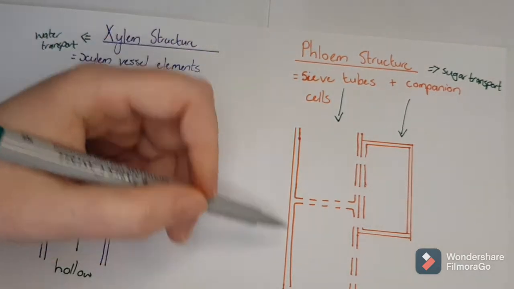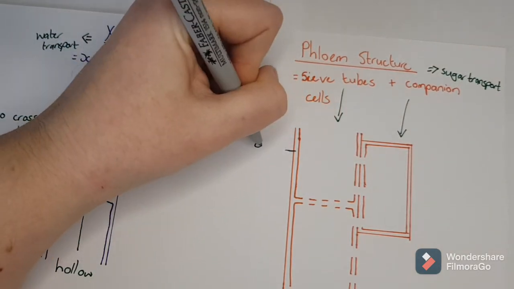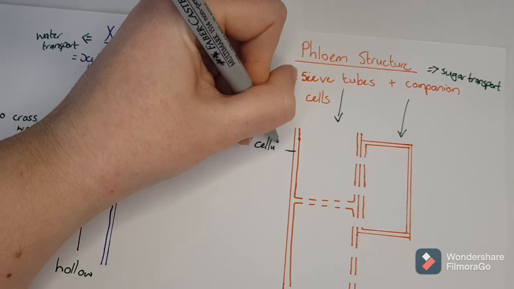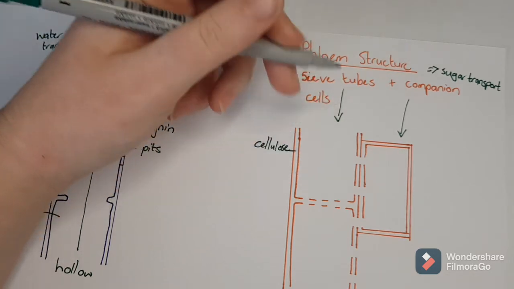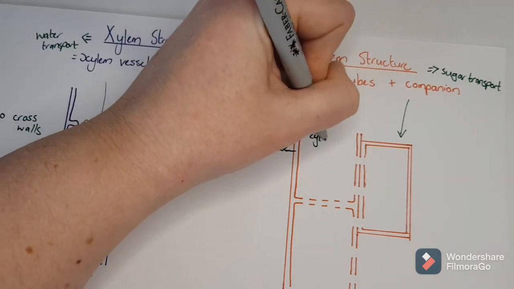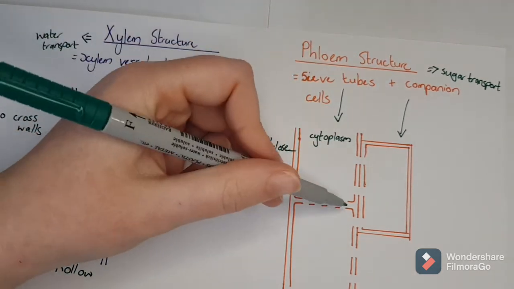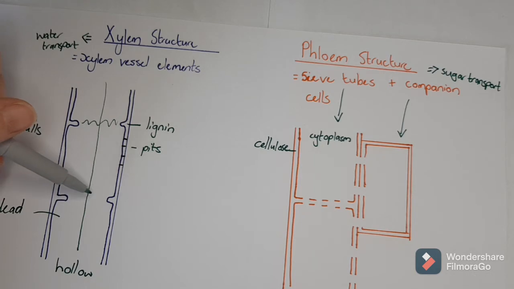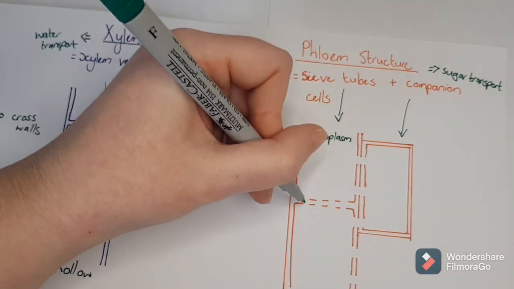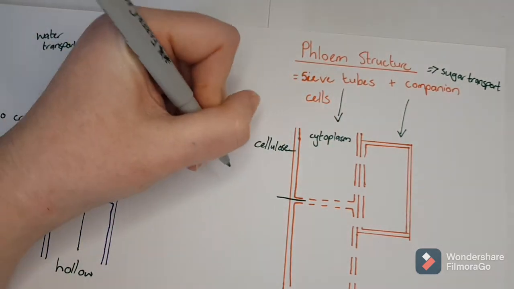So now these walls are made of cellulose, just like a normal cell. So these are living. So there is cytoplasm inside. Okay, and as you can see, compared to here where there was no walls, here we have a cross wall.